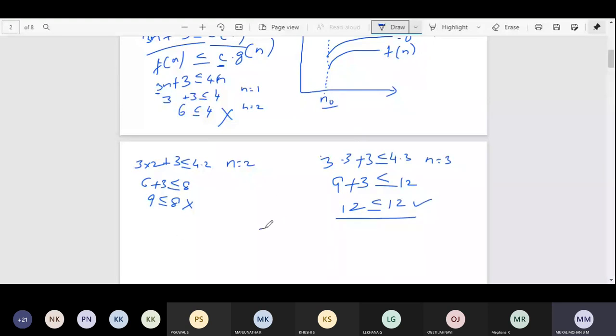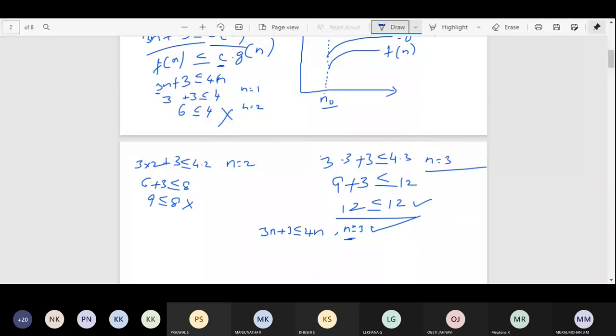So we can say that 3n plus 3 is less than or equal to 4n for all n greater than or equal to 3. Clear? So this is right. We should write this because we are satisfying 3n plus 3 less than or equal to 4n only if n is equal to 3 or more.